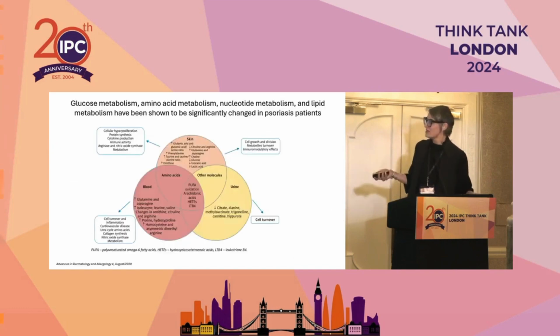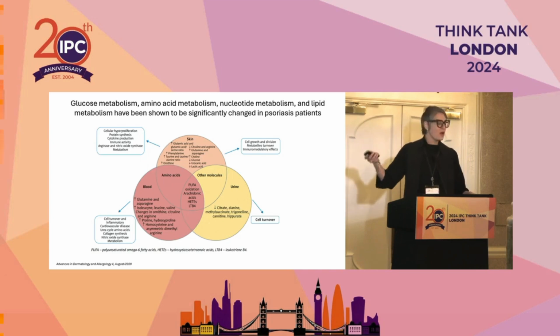Here's a Venn diagram showing you a summary of metabolites that are increased or decreased in skin, blood, and urine. And notice the overlap. There's overlap between polyunsaturated fatty acid oxidation, arachidonic acids, HETEs, leukotrienes that happen in all three of these sample types.